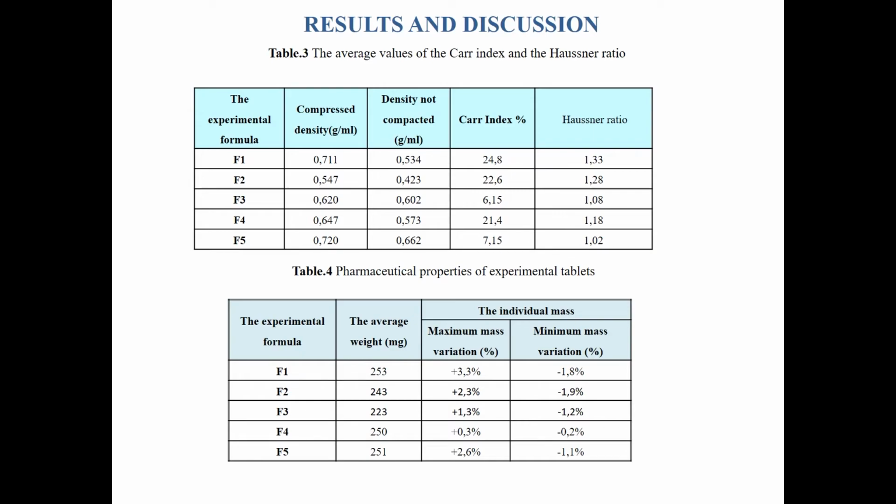Results and discussion. In Table 3 are presented the average values for the Carr index and the Hausner ratio. For the Carr index, the values range between 6.15 and 24.8. The Hausner ratio values range between 1.02 and 1.33.